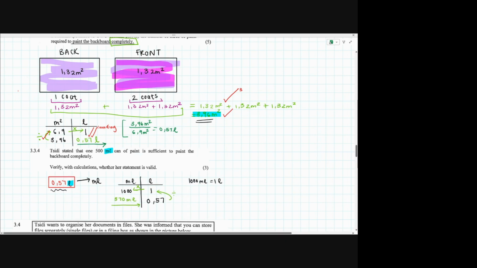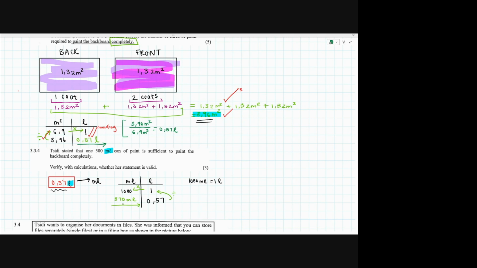Again, if you can just straight away times by 1,000, that's absolutely fine. But oftentimes we get confused between whether we should times or divide by the conversion factor. And so this is why this trick method is so useful. You never have to question, should I be timesing by 1,000? Should I be dividing by 1,000? You chuck it into the table and you divide up and you times across and you'll always get it right.